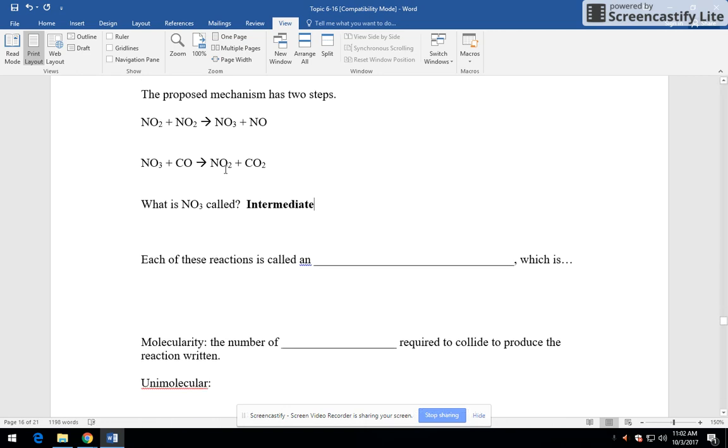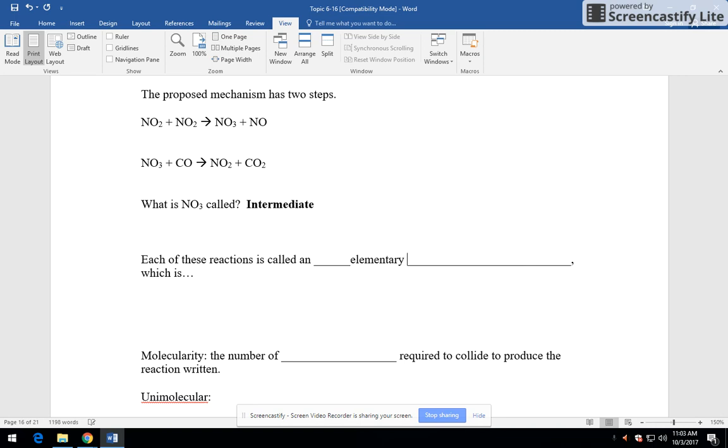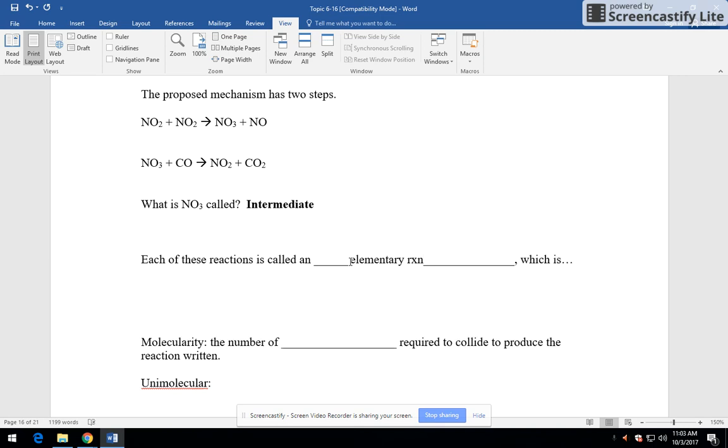Each of these reactions that's listed right here is called an elementary reaction. An elementary reaction is actually a pretty special kind of reaction, and it's the only kind shown in a proposed mechanism. The thing that makes those reactions special is that you can actually write the rate law from the reactants.